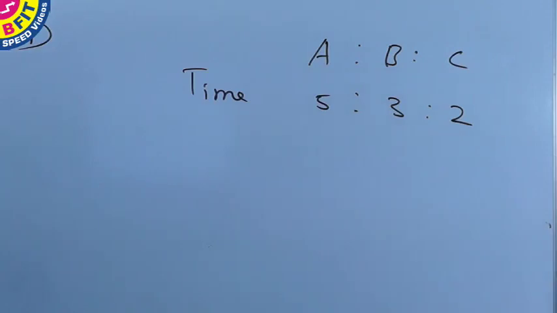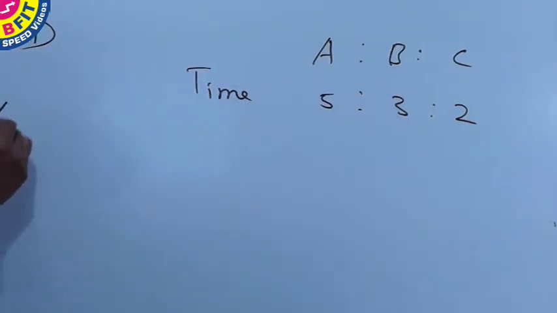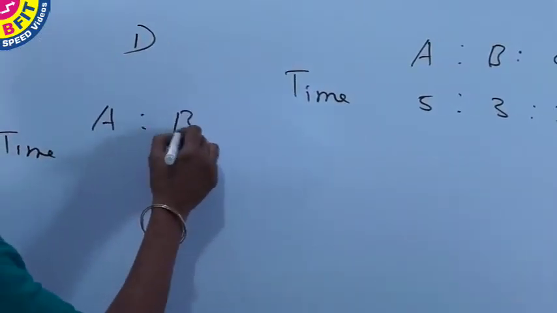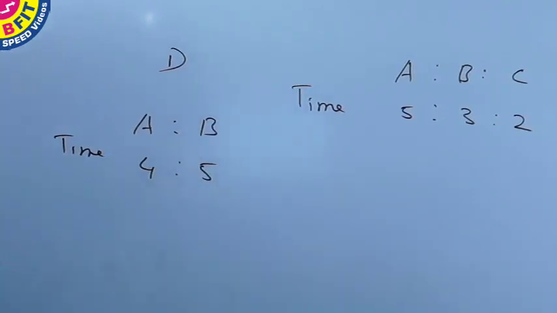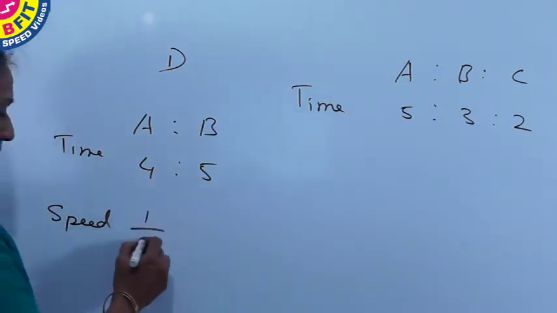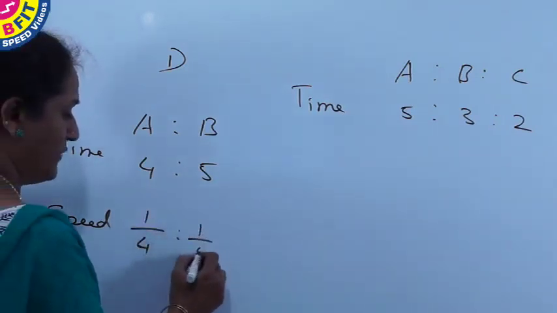Suppose, for example, the time taken ratio for 2 persons A and B is given, say 4:5. So to find the ratio of their speeds, as time and speed vary inversely, we take the reciprocal of these ratios, which is equal to 1/4:1/5.